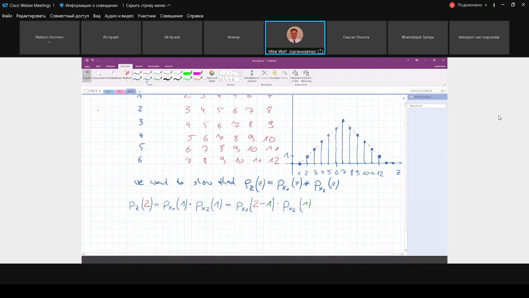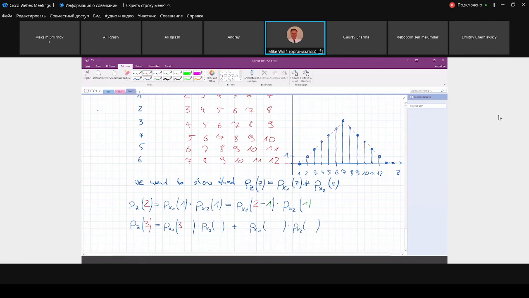And now let's proceed. How can we obtain a 3? So there are 2 possibilities to obtain a 3. One possibility is px1 of, px2 of, plus px1 of, px2 of this. Now I insert these colors.